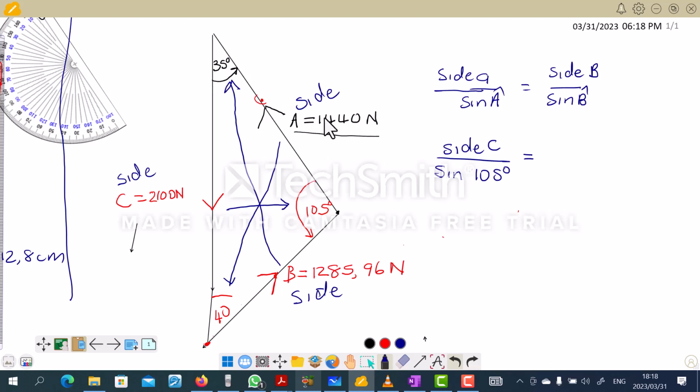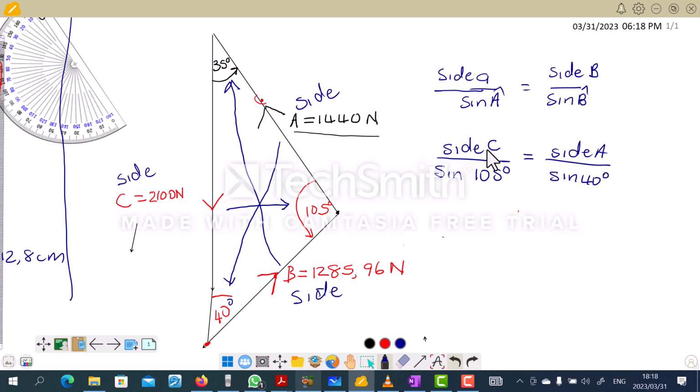If you choose side A, what is side A facing? Side A is facing 40 degrees. So I'm going to say here sine 40 degrees.